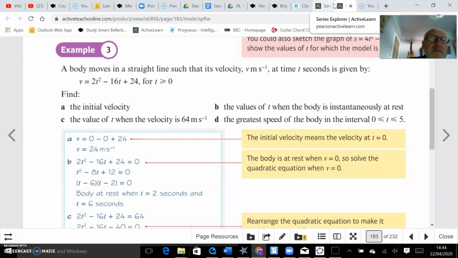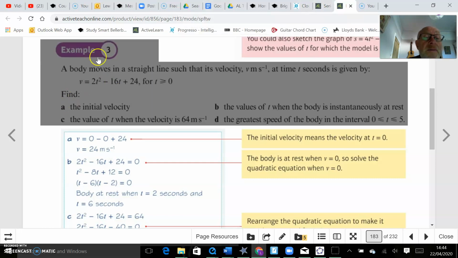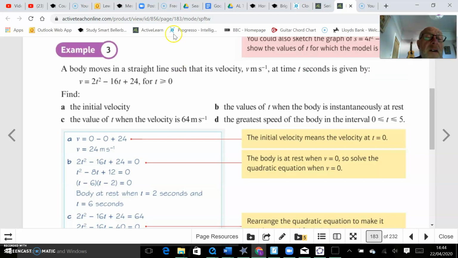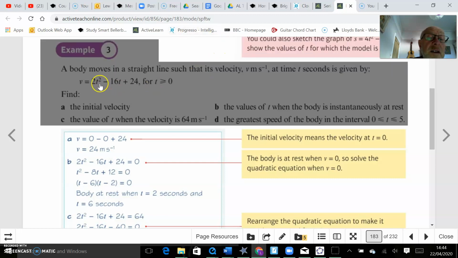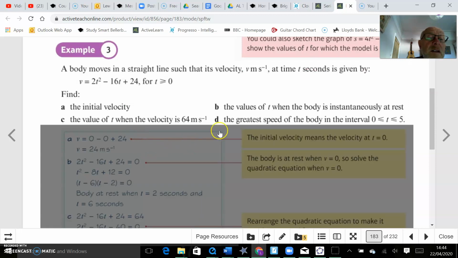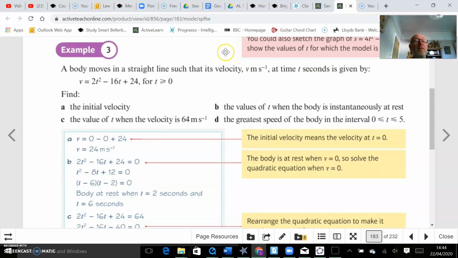In this one, v equals 2t squared minus 16t plus 24. Find the initial velocity. The initial velocity is when t is 0. So substituting 0 into here, 0, 0, 24. So velocity is 24 meters per second.